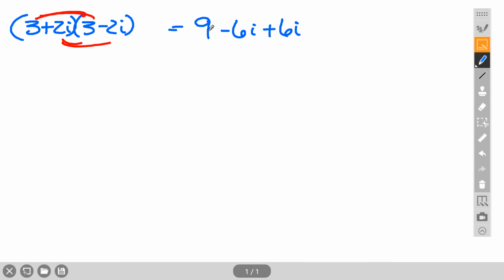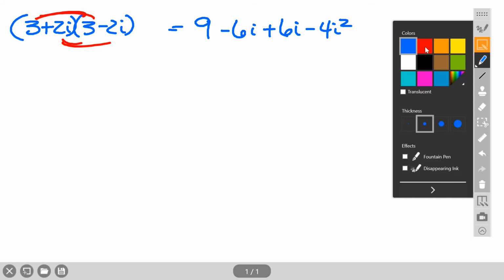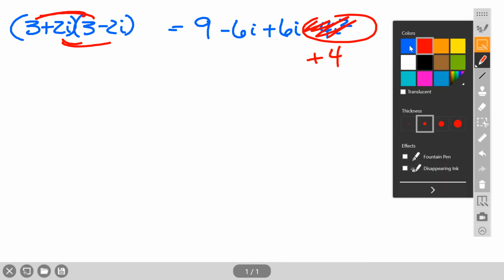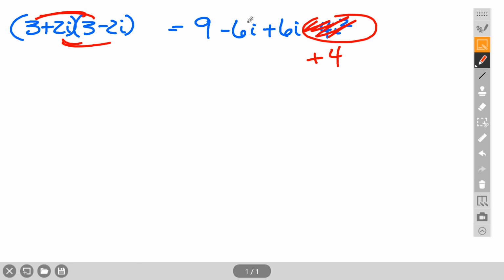And 2i times negative 2i is negative 4i squared. But remember, i squared is negative 1. So this is negative 4 times negative 1, which is positive 4. But also, look here, the i portions are canceling. Negative 6i and positive 6i are canceling. So all we have left is this 9 and this 4, which gives us 13.